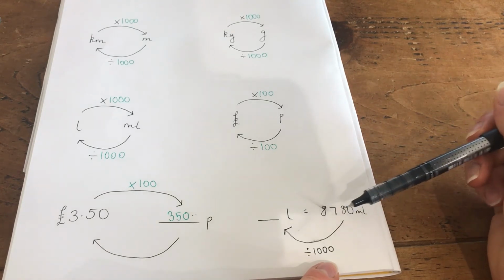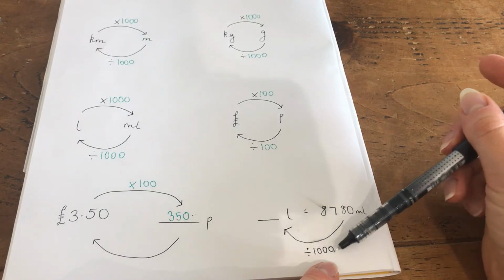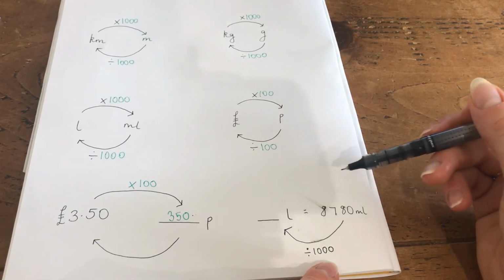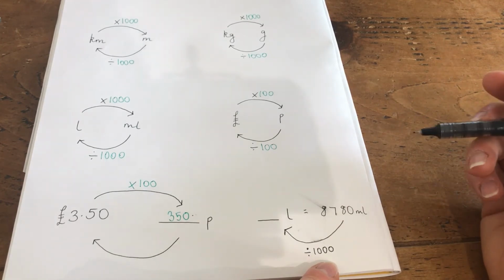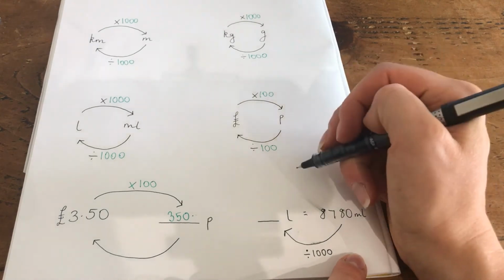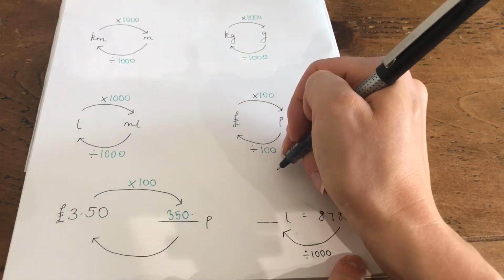So to work out how many litres, we work out how many thousands fit into that amount. 8,780 millilitres divided by 1,000. Again, you need to imagine that number moving along the place value chart. Using the website helps, using those numbers helps. You can do this on paper. I'll show you quickly now.